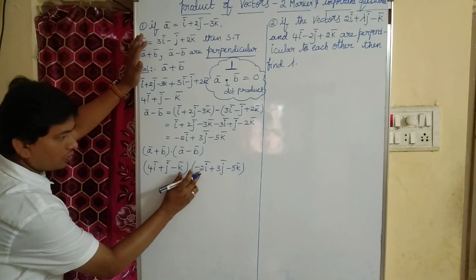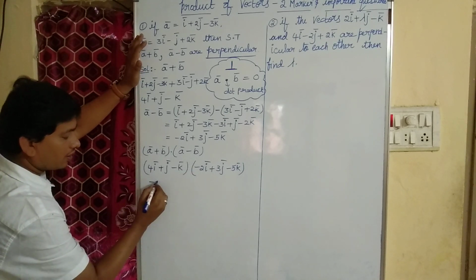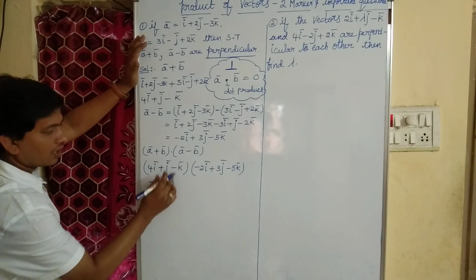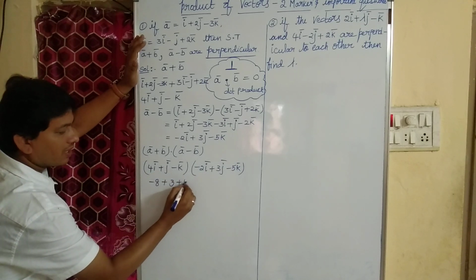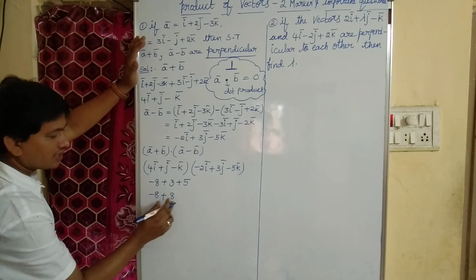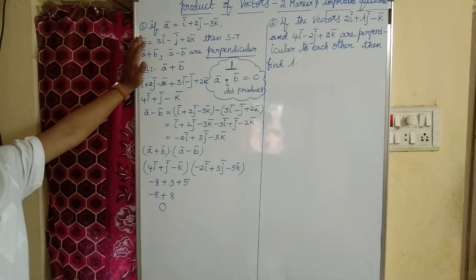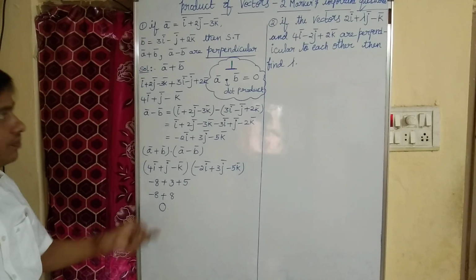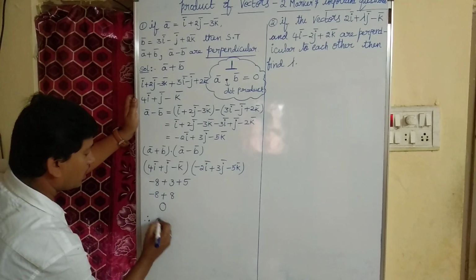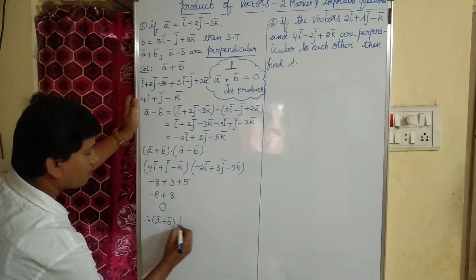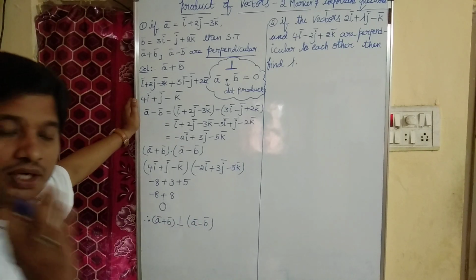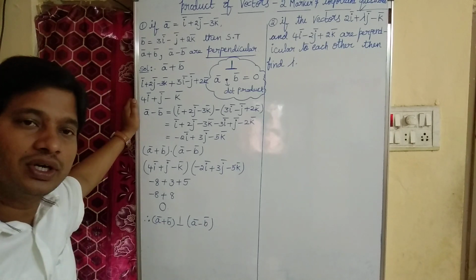That is 4 into minus 2, that is minus 8, and 1 into 3 is 3, and minus 1 into minus 5, minus into minus is plus, so plus 5. So minus 8 plus 3 plus 5, minus 8 plus 8, is equal to 0. The dot product is equal to 0, right? Then we can say that therefore A bar plus B bar is perpendicular to A bar minus B bar. If the dot product is 0, then we say that they are perpendicular to each other.